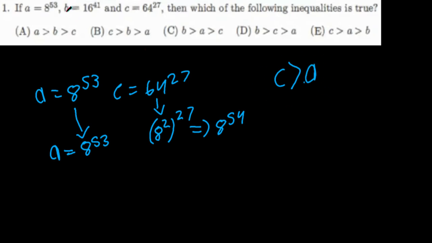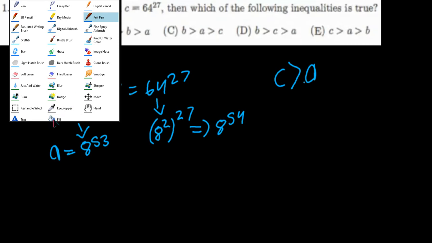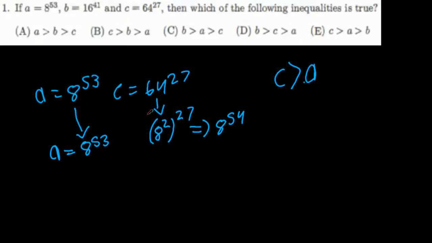Now let's compare b and c. Let me erase this. Okay, there. Now let's compare b, which equals 16 to the power of 41, and c, which is 64 to the power of 27.